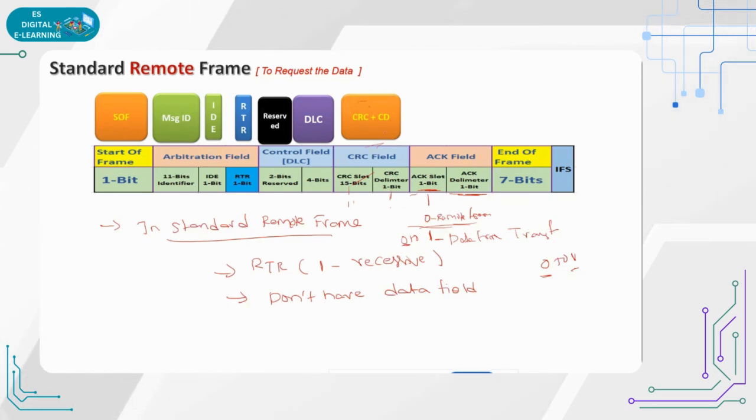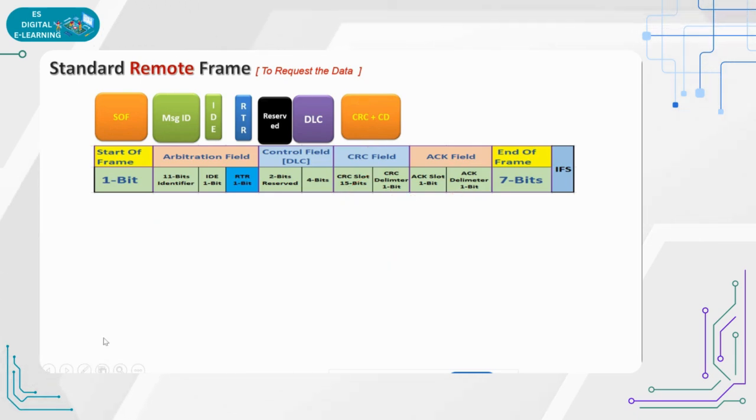So what exactly will happen is whenever you get errors, this acknowledgement delimiter will change the value. Yeah, that's it. These are very important points, RTR, and it won't have the data field. Okay, so the next point is the end of frame.